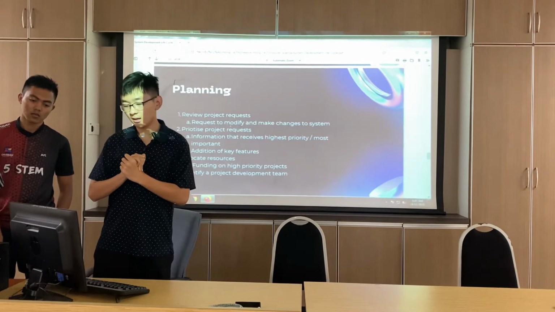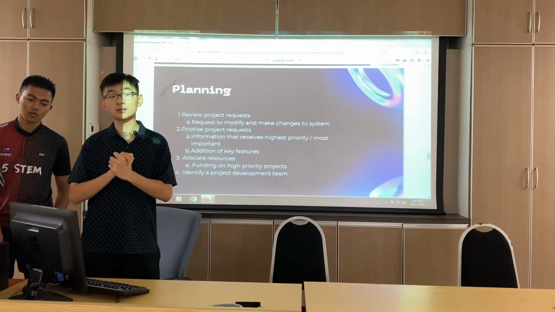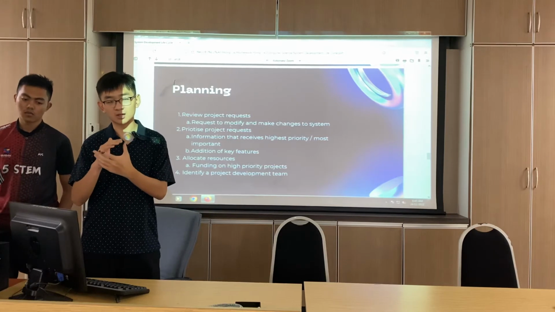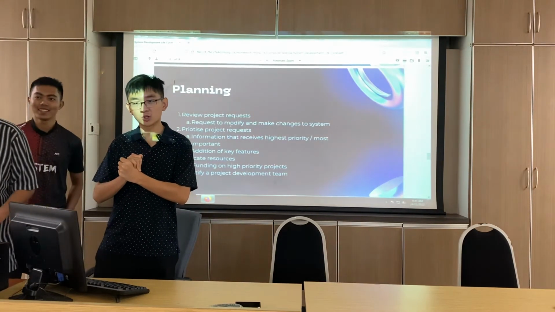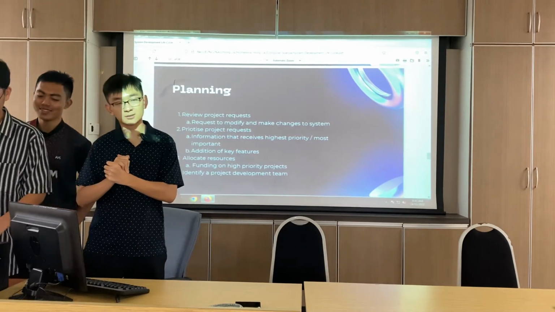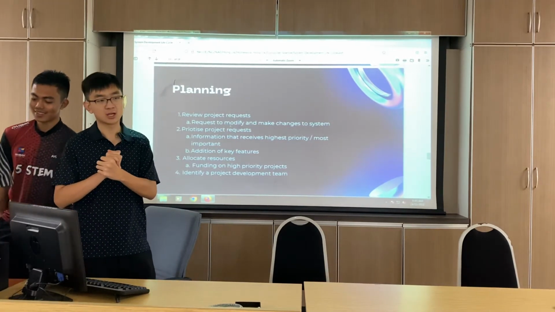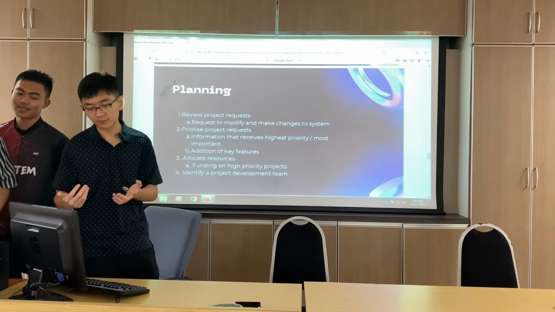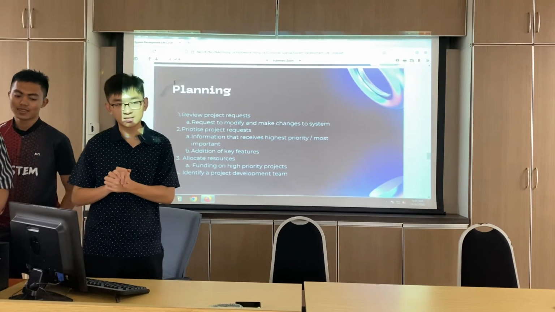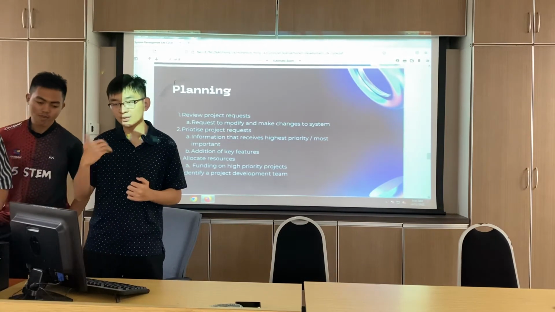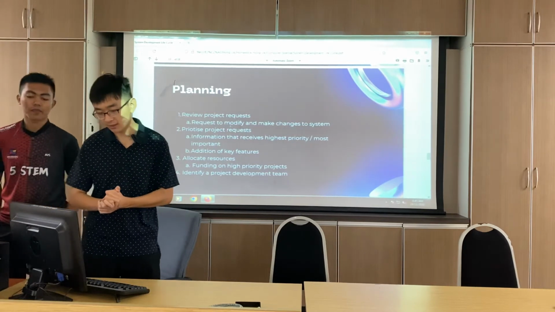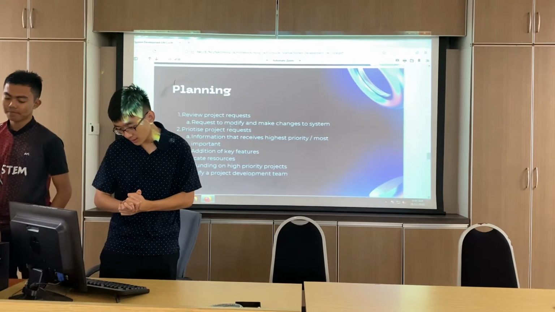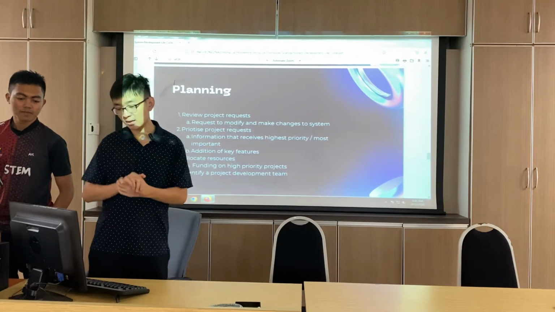For example, the purchase of a strategic location, and also automobile lorries requested from automobile company vendors. Maybe these will be the companies that receive the most funds. And also we allocate resources, like what I said just now.